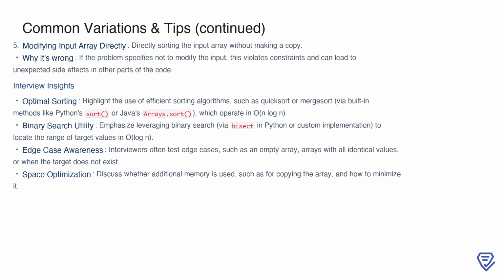It allows you to efficiently locate the range of target values in the sorted array, reducing search complexity to O(log n). Be prepared to handle edge cases as well, such as empty arrays, arrays with all identical values, or when the target is absent. Lastly, consider the space complexity of your solution, such as whether additional memory is used for copying the array, and explore ways to minimize it where possible.